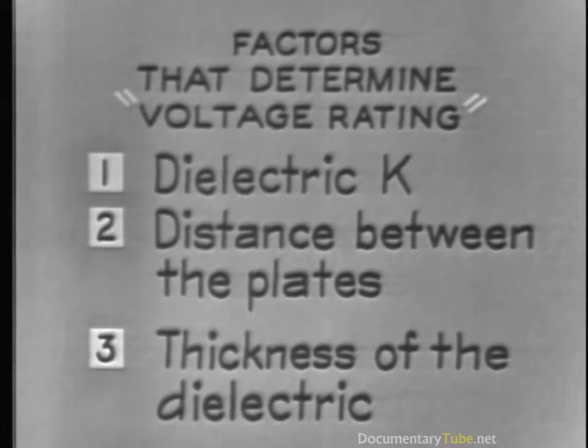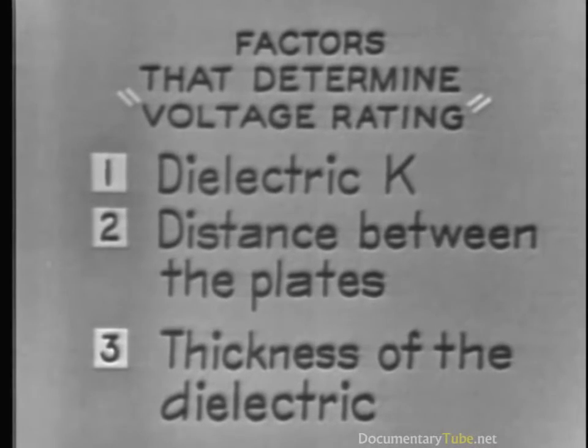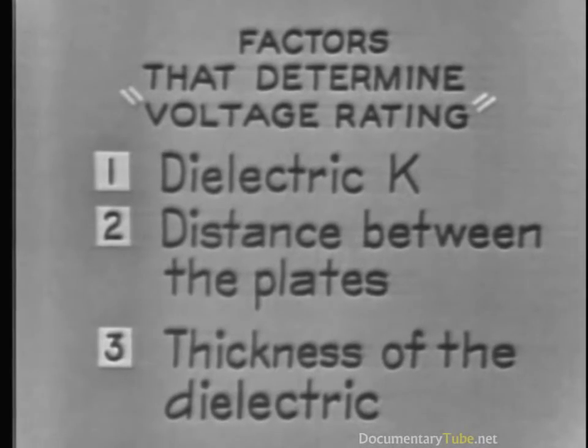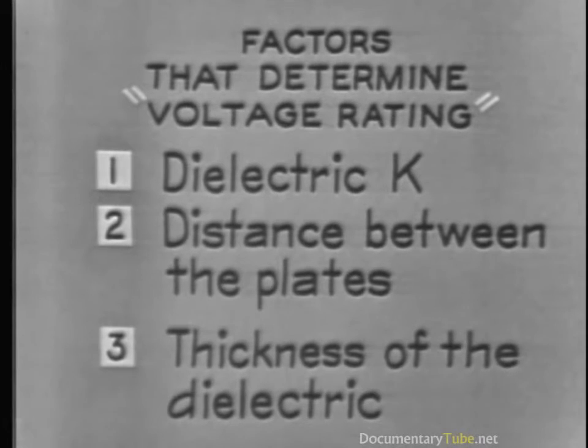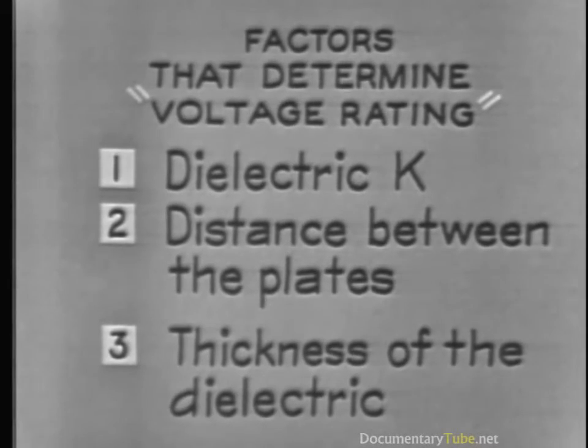Whether we get an arc or not depends on how far the current has to jump and the insulating quality of the dielectric. The further apart the plates are, the higher the dielectric K, and the thicker the dielectric is, the higher the voltage rating will be. Remember, these factors, dielectric K, the distance between the plates, and the thickness of the dielectric.